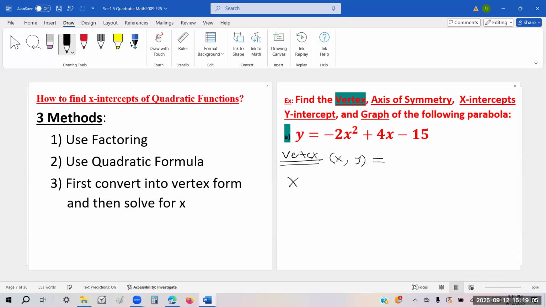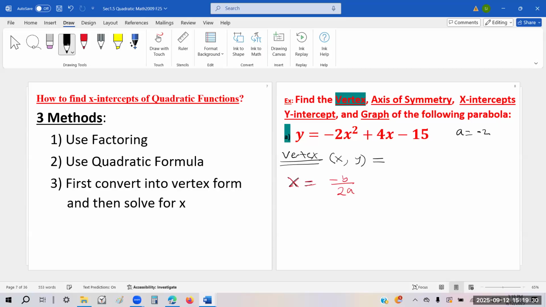Fortunately, we have a formula for x. What's the formula for the x of the vertex? X is negative b over 2a, so you only need a and b here. What is our a in this equation?